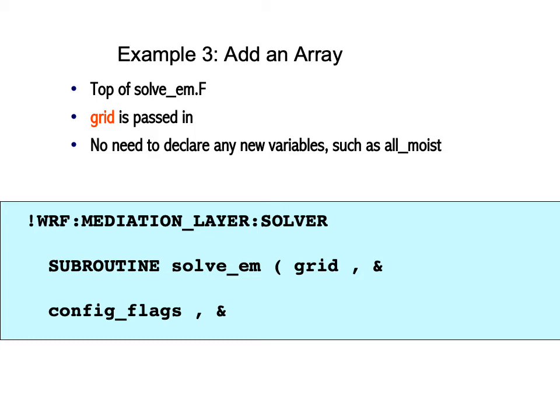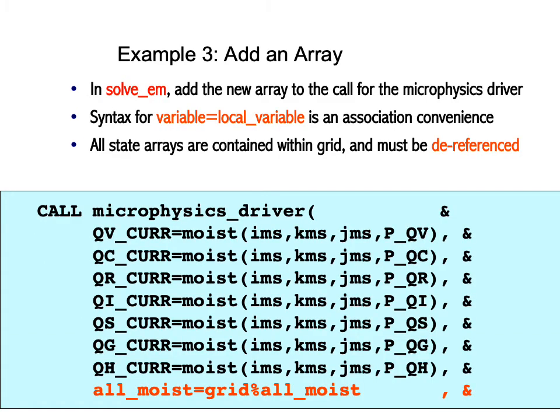There is a call to the microphysics driver, and in that microphysics driver, that's where we're going to dereference the all_moist variable. So the modern Fortran construct is grid % all_moist, which is the variable that's local to the routine that we're calling from, and the local name of the variable inside of microphysics_driver is going to be all_moist.